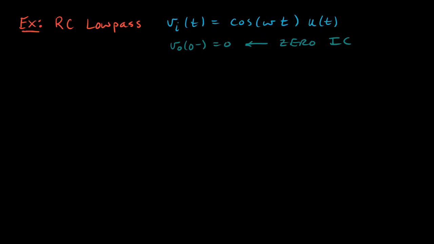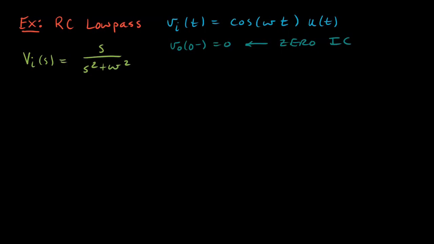Okay, since VI is a cosine, we would know that by a table, I mean, you could do the integral if you want, but VI of S is going to be S over S squared plus omega squared. Okay, so that's just the general form there.